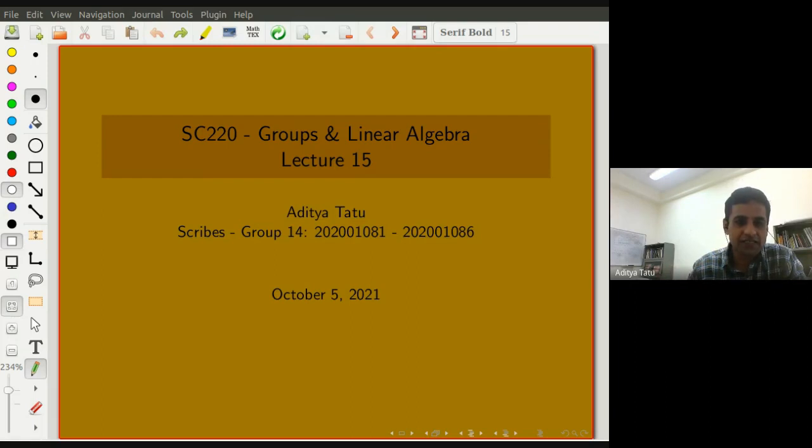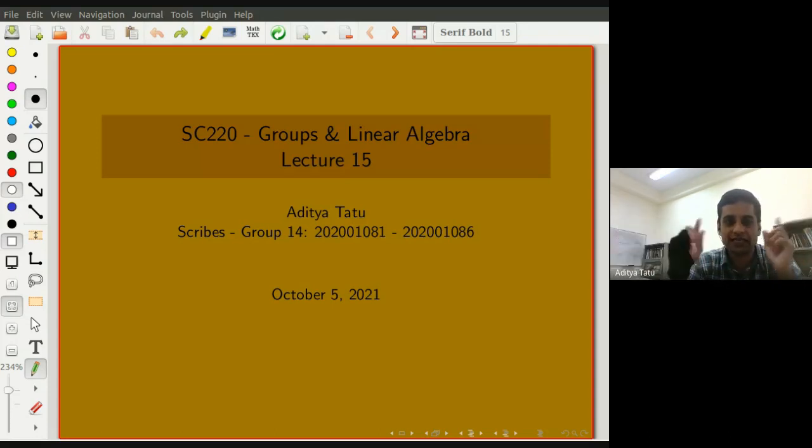Okay, so the aim, as I've already told you in this class, is to show that any finite abelian group can be shown to be isomorphic to a product of cyclic groups.